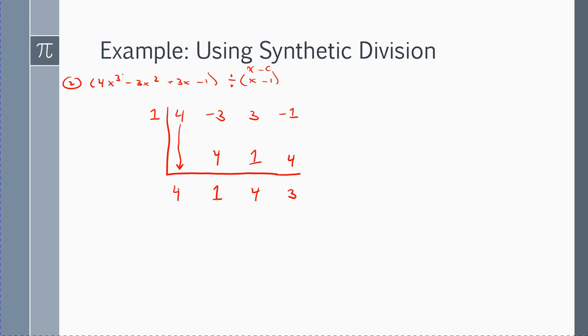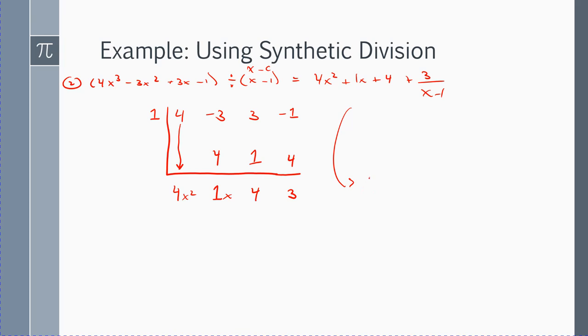So notice how I started with the cube here, so this becomes x squared, x. So this becomes 4x squared plus 1x, or I should have just written an x, but I put the 1 there, plus 4. And then my remainder I write as a fraction over the divisor, so plus 3 over x minus 1.